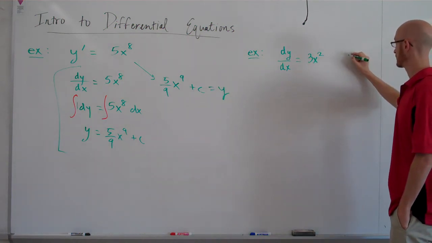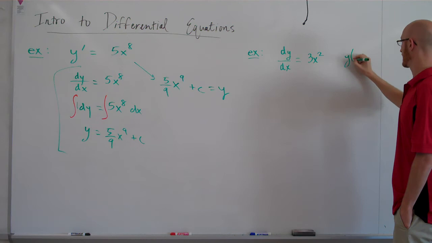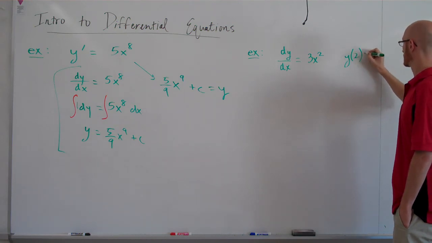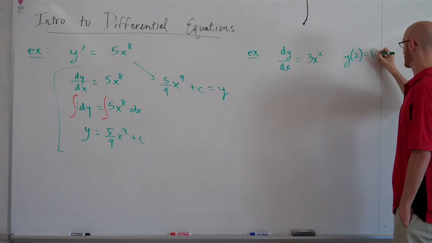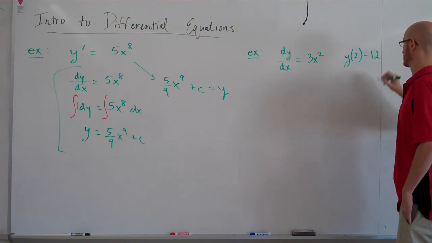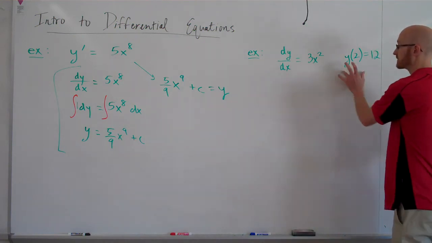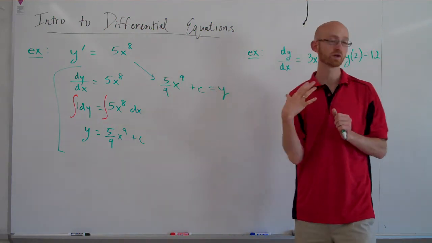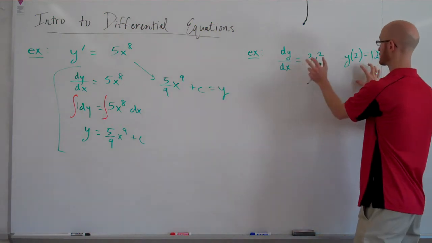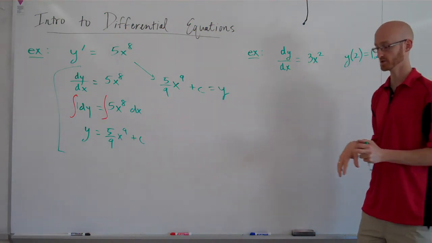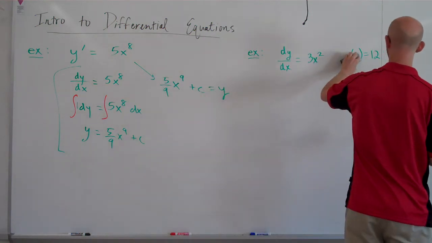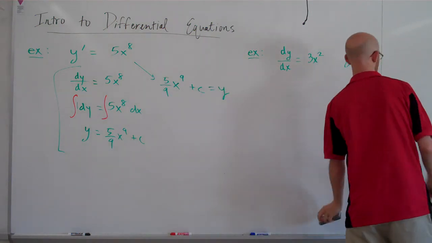And also, you could be told that y of 2 is 12. So now using these two, instead of finding a family of functions that works, we can actually find the specific function that satisfies both of these conditions. So we could even, let's make it y of 0 equals 12.